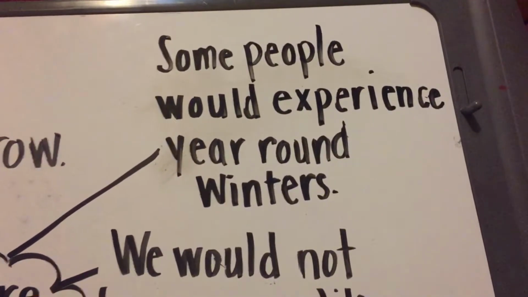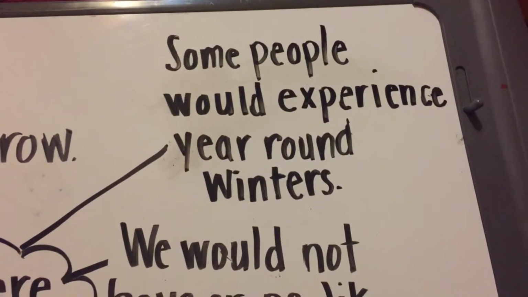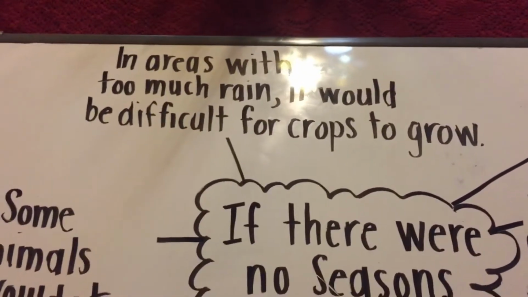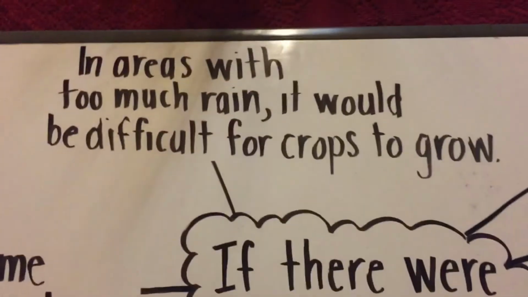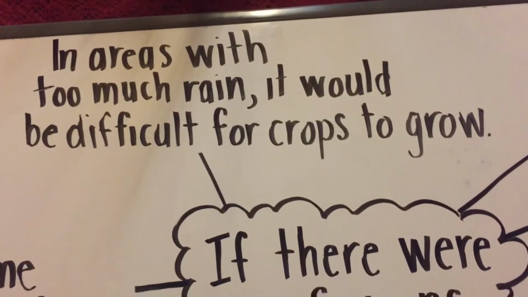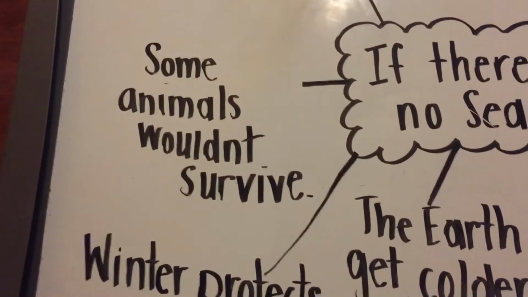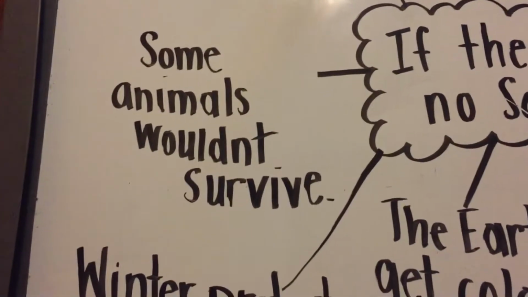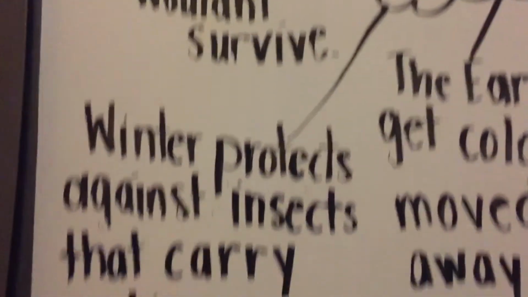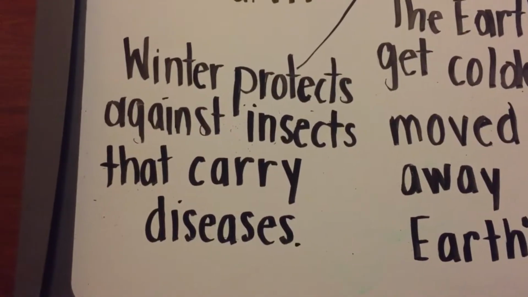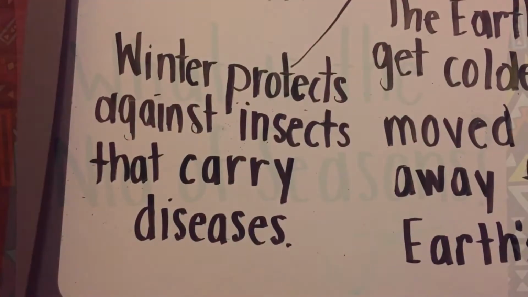Some people would experience year-round winters. In areas with too much rain, it would be difficult for crops to grow. If there were no seasons, some animals wouldn't survive. And winter protects against insects that carry diseases.